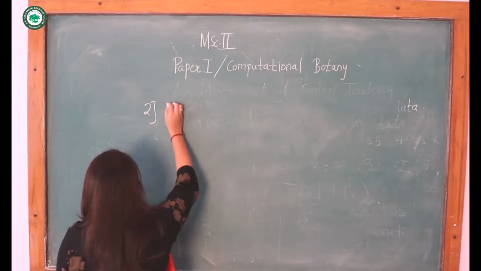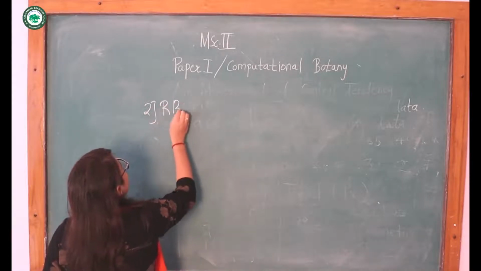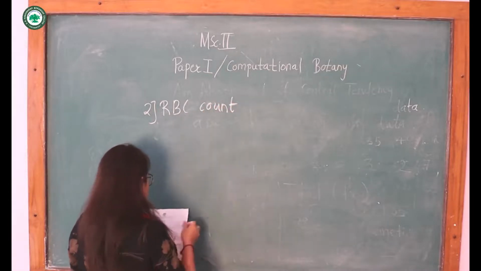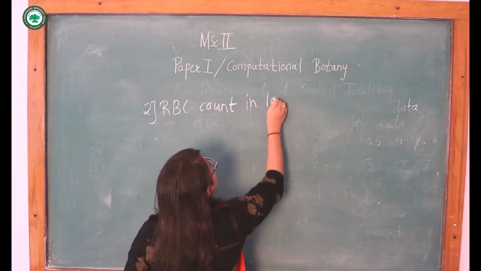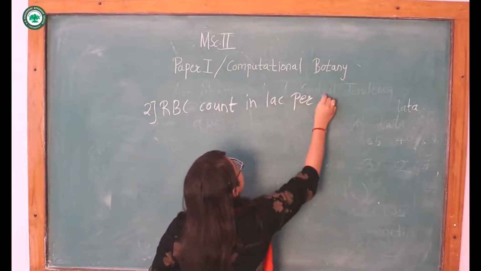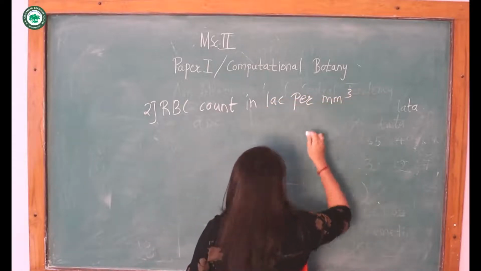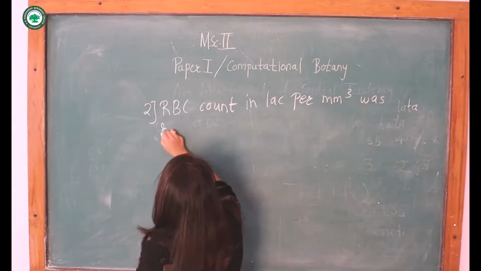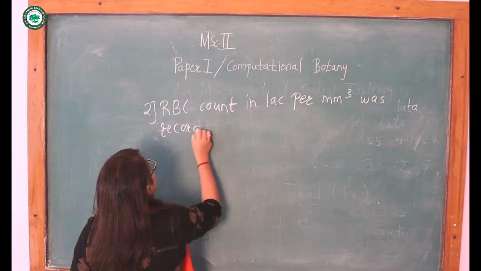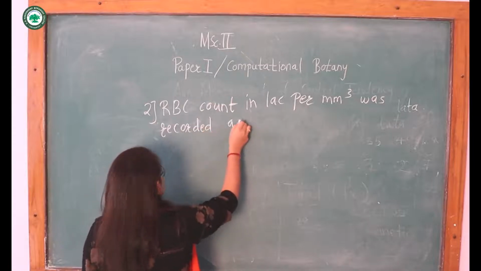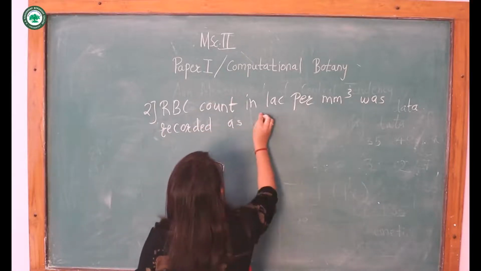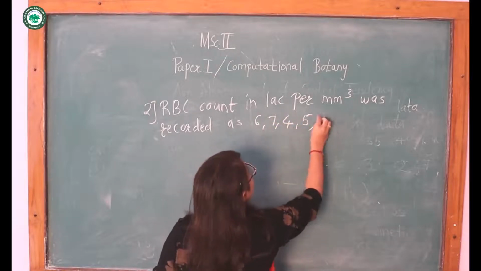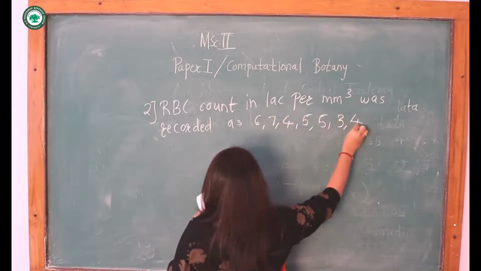For ungrouped data, the RBC count in lakh per mm cube was recorded as 6, 7, 4, 5, 5, 3 and 4.